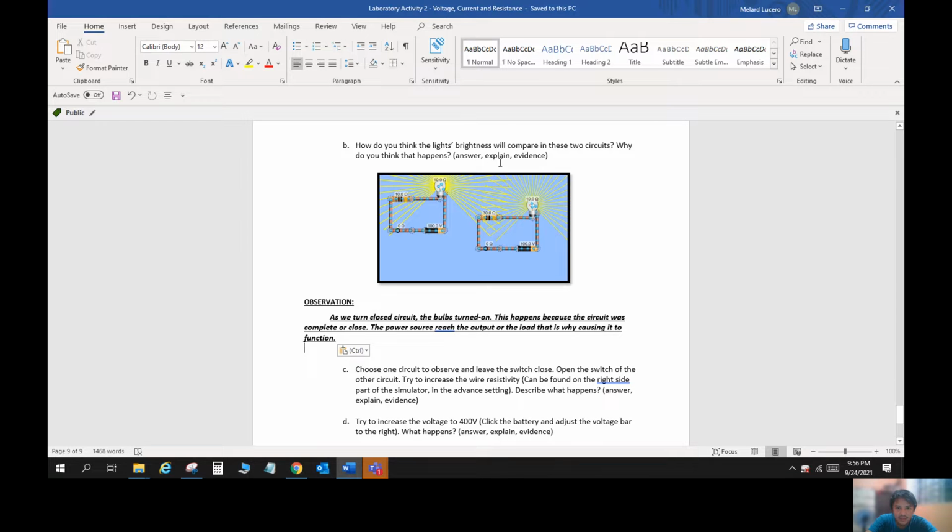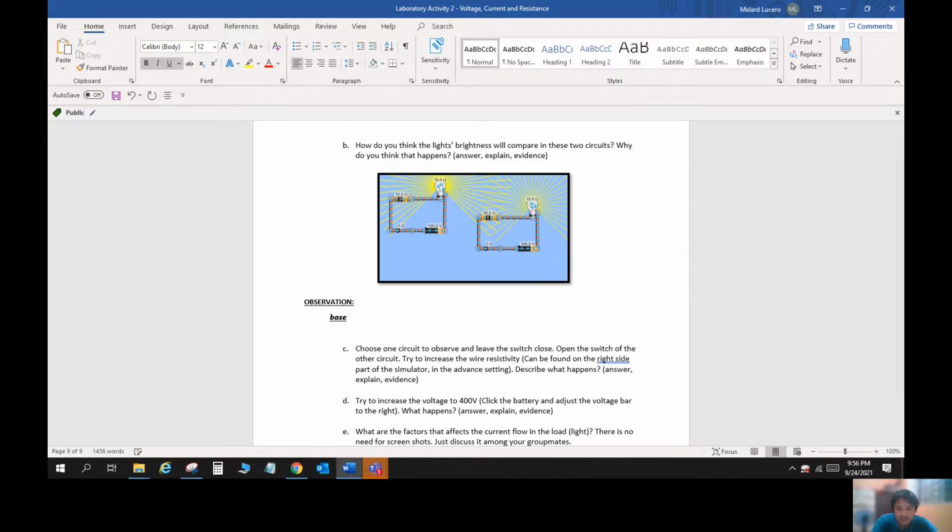How do you think the light brightness will compare to this? Based on the experiment, on the actual simulation, the circuit having the 10 ohm resistor is much brighter.